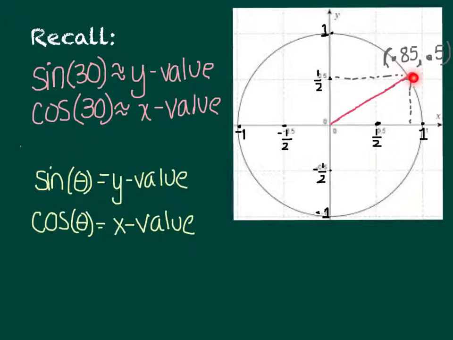We saw that the sine was approximately the y value and the cosine was approximately the same as the x value. So for example, in 30 degrees, we estimated x as 0.85 and y as 0.5, and we saw that the cosine was 0.866 and the sine was 0.5.